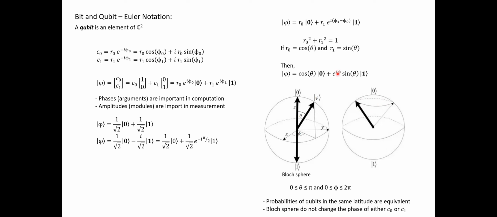So even if phi changes from 0 to pi, the probability of measurements are still the same value. So those qubits are equivalent. The Bloch sphere doesn't change the phase of either C0 or C1. These transformations are only for visualization purposes, I would say.